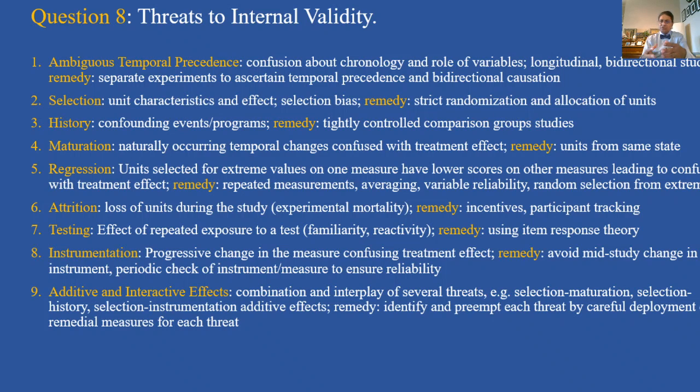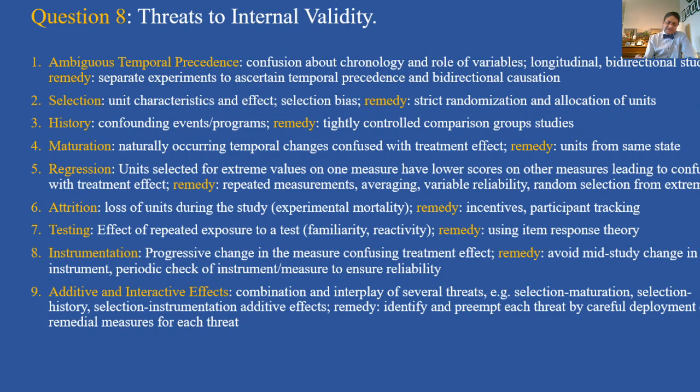One can be to create a group of these extreme value units and then randomly select from them, or to not rely on one measure but to take several measures and then average them out. So this will then reduce the effect of regression.